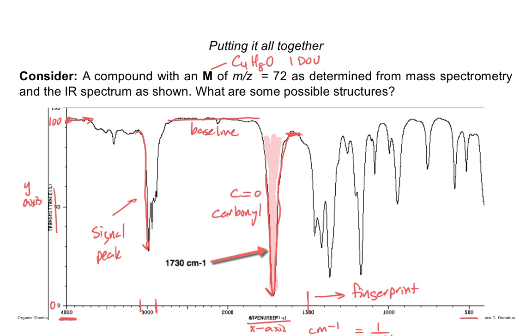And so if we recognize that as a carbonyl C=O double bond, that's 1 degree of unsaturation.